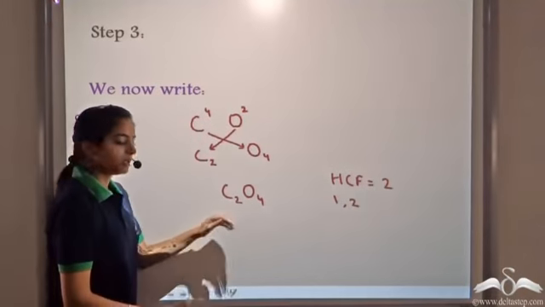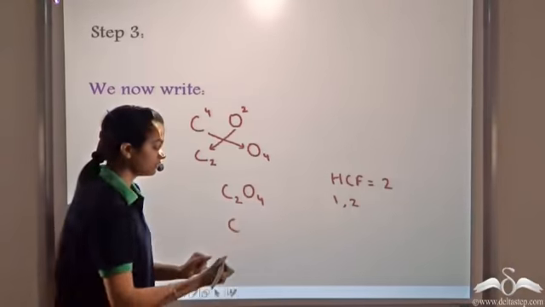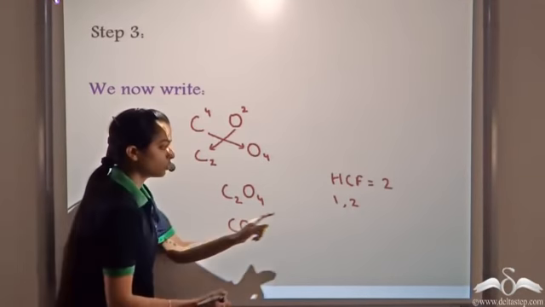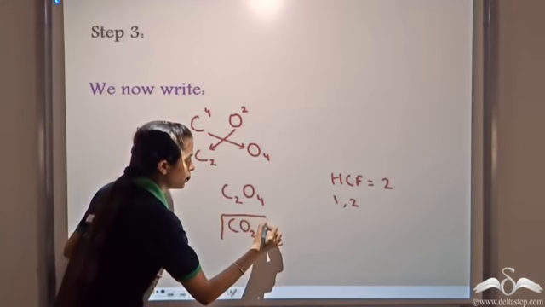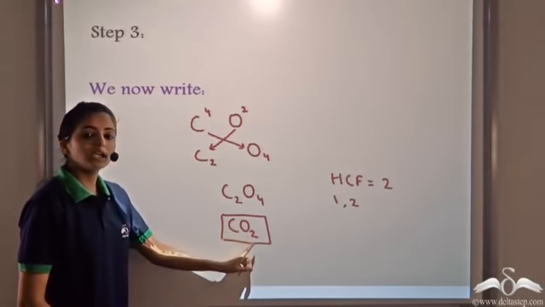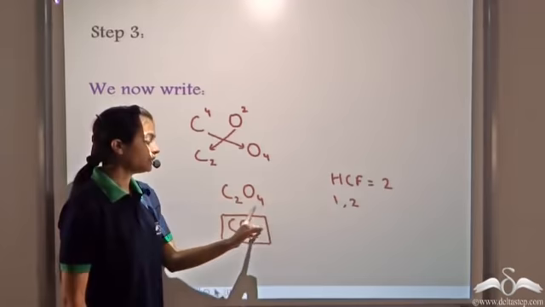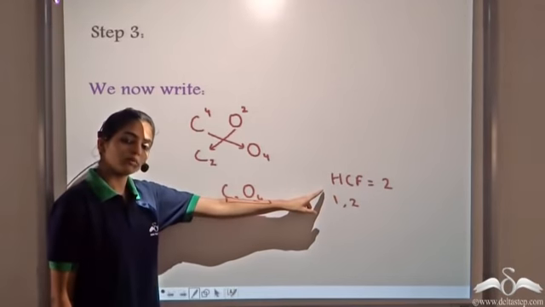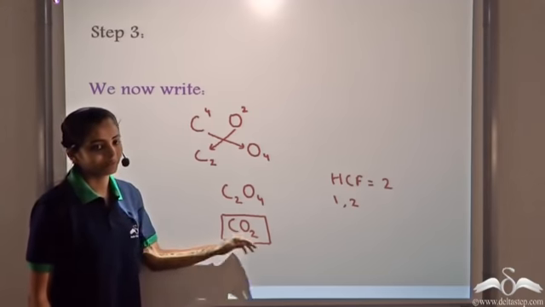So now the formula becomes C1, we can ignore this 1, and O2. So the formula of carbon dioxide gas which we have received is CO2. So we always take the highest common factor. We divide the subscripts by the highest common factor, and this is how we derive the final formula of the compound.